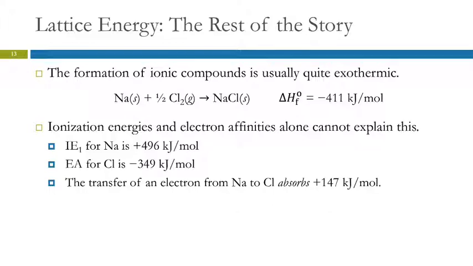If we look at ionization energies and electron affinities, in order for sodium to become a sodium plus ion, we have to remove 1 electron, and that requires an ionization energy. So to form the +1 ion, we have to give this 496 kilojoules per mole.